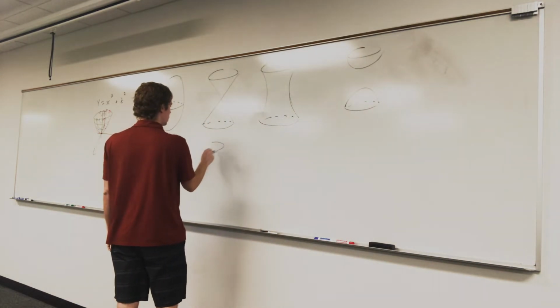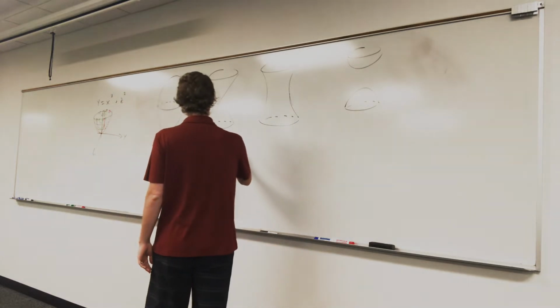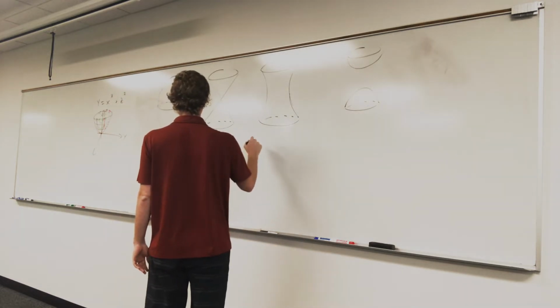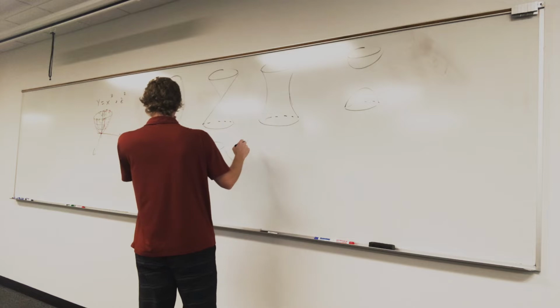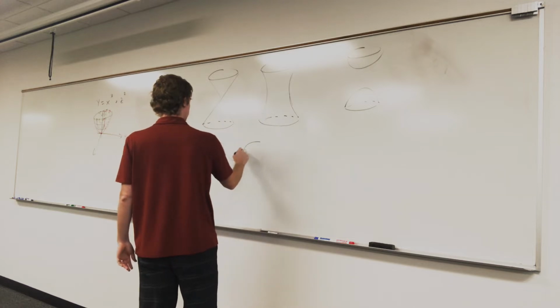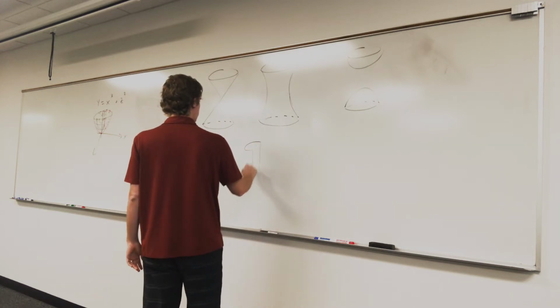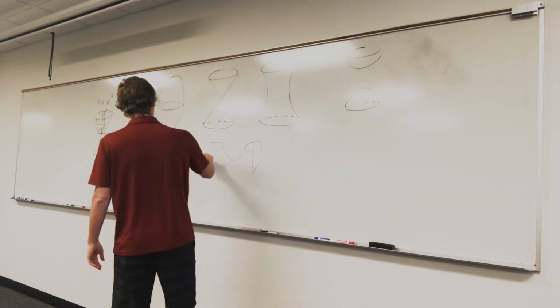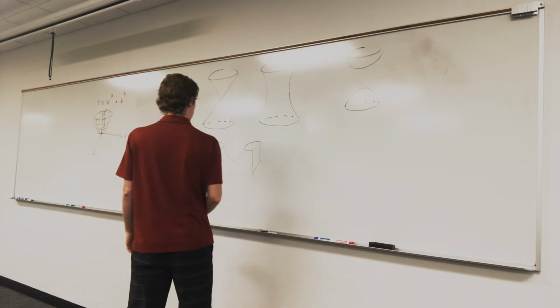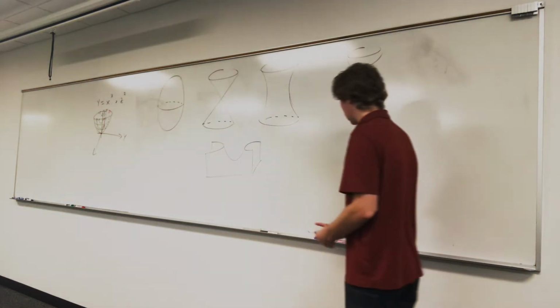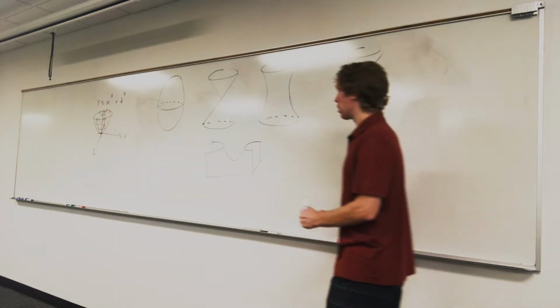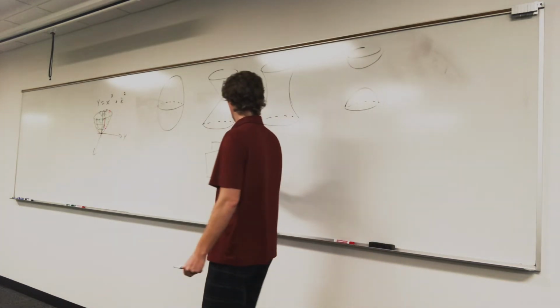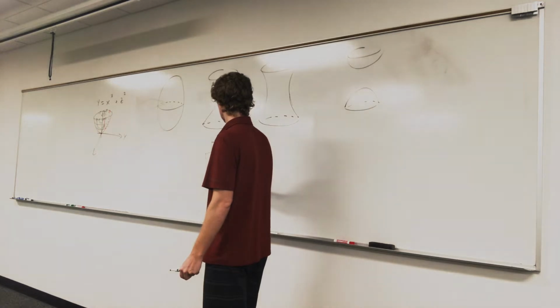It's a Pringle chip or a saddle. So when I said best, what I really meant is it's the most complicated. It's really the hardest to visualize and think about, but what I'm thinking of here is a saddle-like thing.